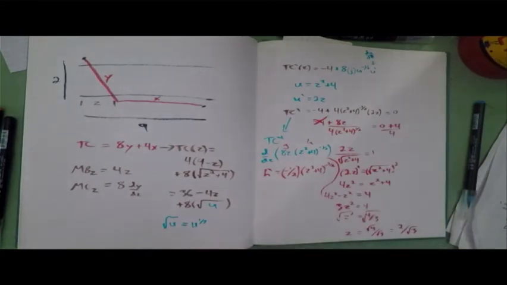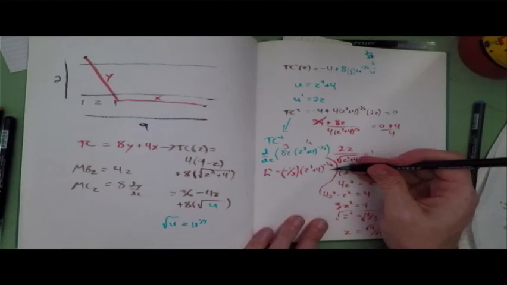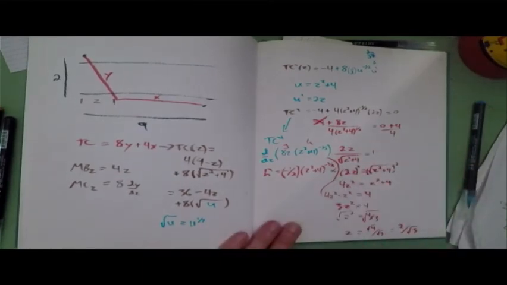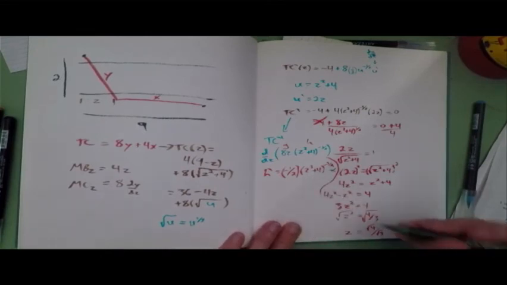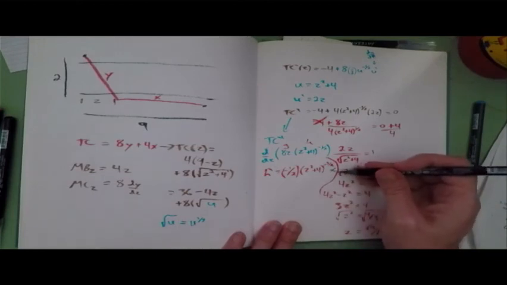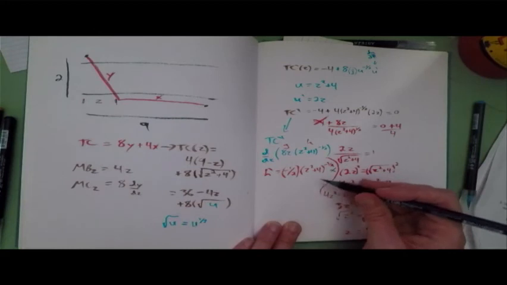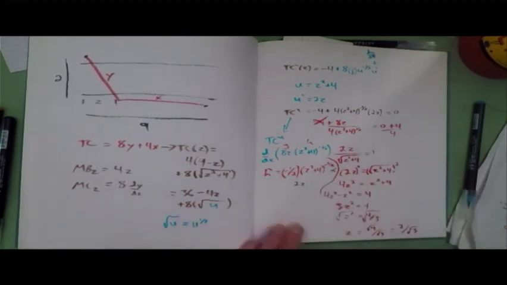Let me make that explicit by changing colors now. Apologies if you are colorblind. I've switched to green, which doesn't help you, but it'll help me. Times the derivative of what's on the inside, which is just 2z.